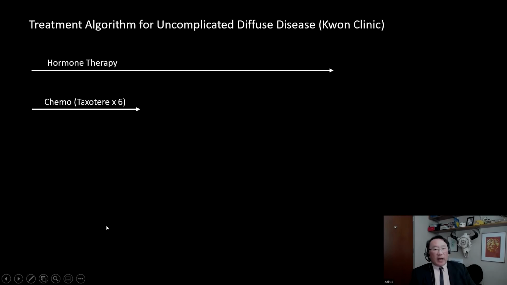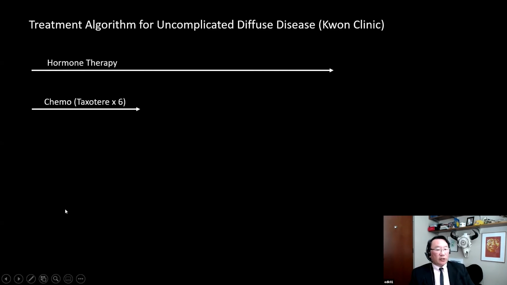So for uncomplicated disease, meaning no prior therapy and no bad indicators, typically when I see a patient with diffuse disease, I advise hormone therapy throughout, combined with chemotherapy in the form of Taxotere or sometimes Jevtana, which is cabazitaxel. Usually chemotherapy is given once every 3 weeks.